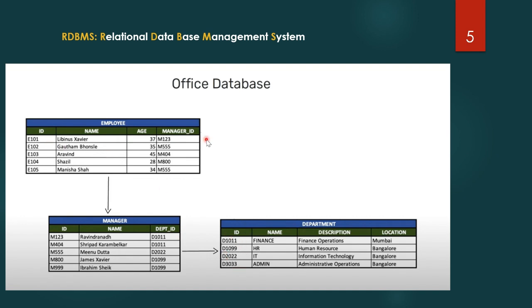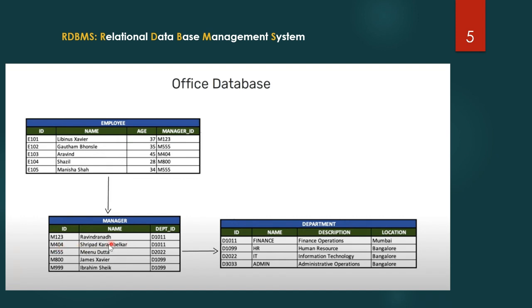For example, whenever we want to connect this table and this table, we use joins, which you will learn later. Let's say I start here: employee ID 103, name, age 45, and manager ID M404. I immediately ask for the manager with ID M404. I come here to the manager ID, the primary key, M404.